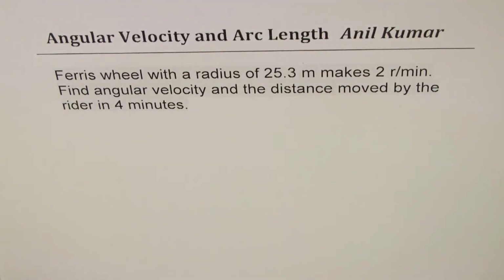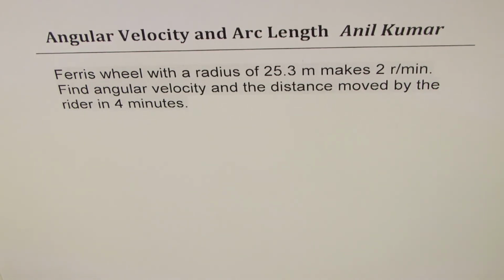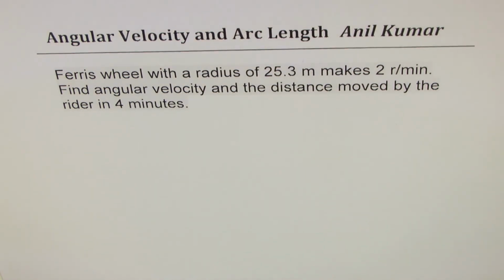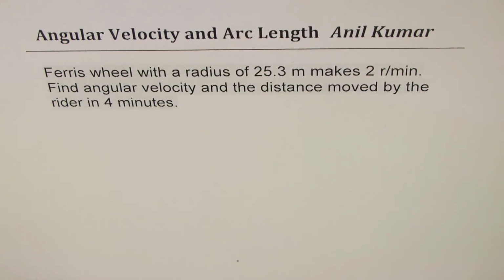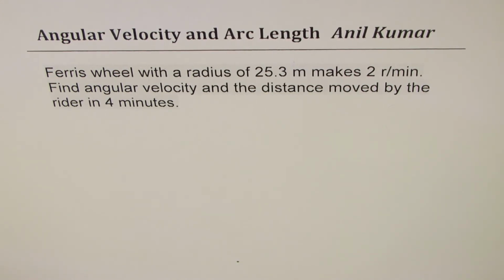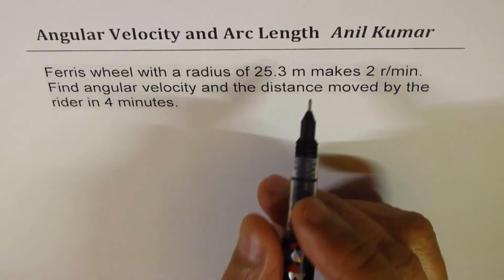Now we are almost at the end. The last example before us is about the Ferris wheel. I'd like you to pause the video, copy the question, solve it yourself, take it as a test question. Now I hope you have got the right solution for this last question of my series on angular velocity and arc length. The question here is a Ferris wheel with a radius of 25.3 meters.